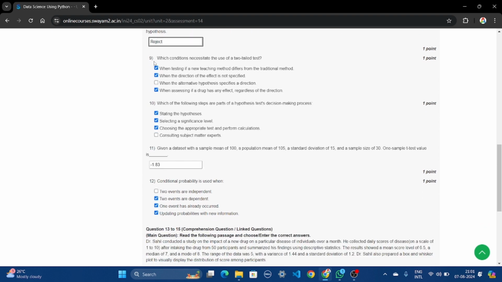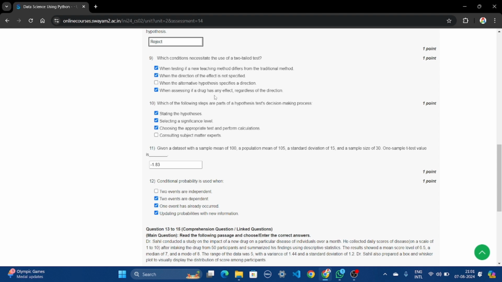So coming to ninth question, which conditions necessitate the use of two-tailed test? When testing if a new teaching method differs from the traditional method. When the direction of effect is not specified.